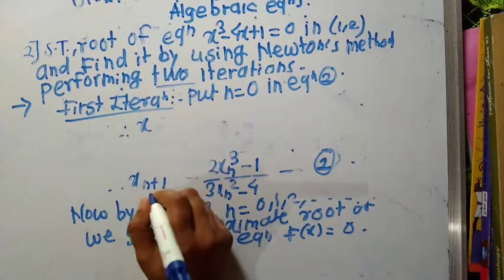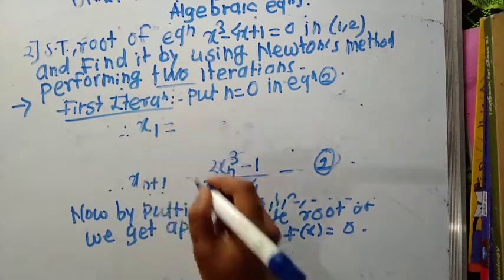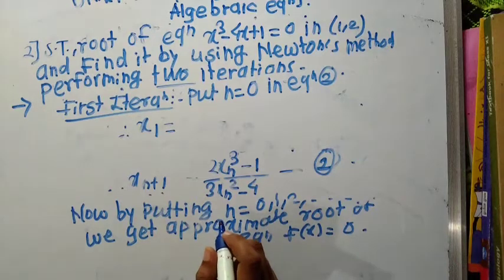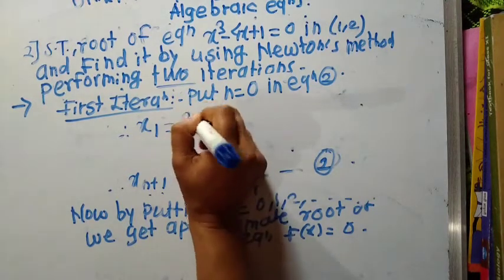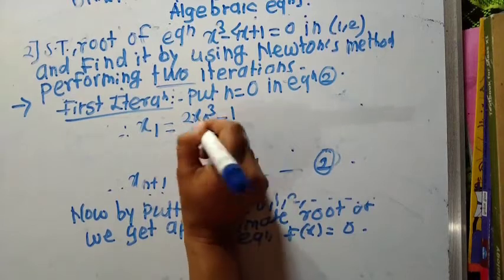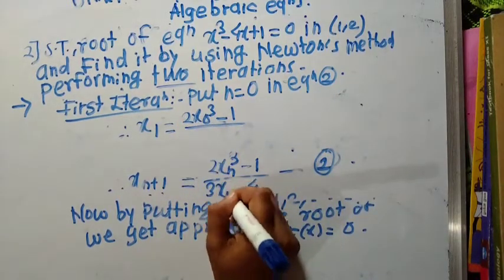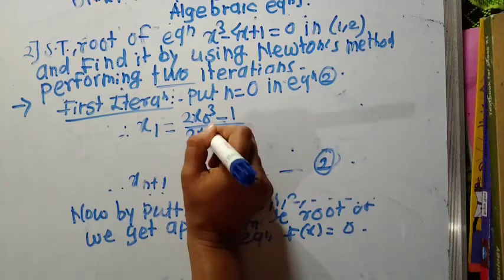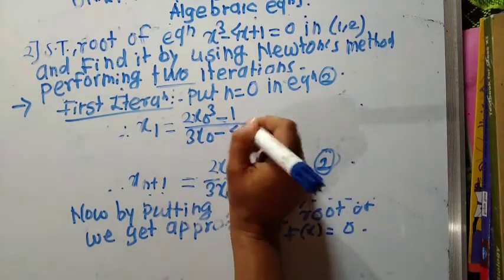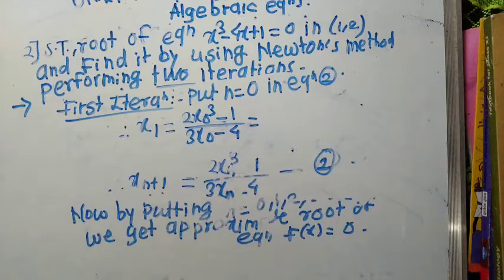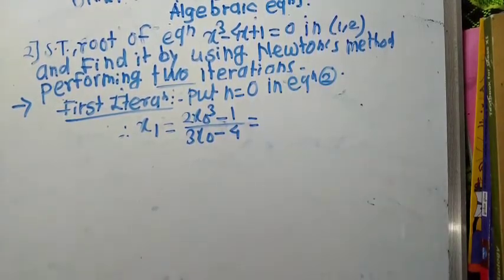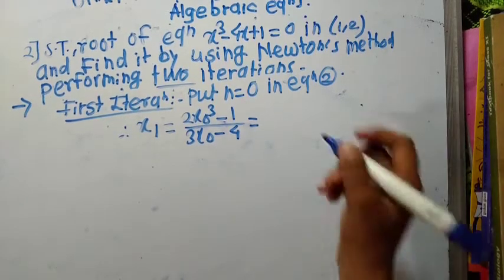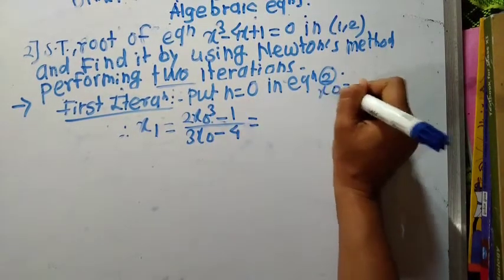So x1 is equal to 2x0 cube minus 1 divided by 3x0 square minus 4. Here we take x0 is equal to 2.